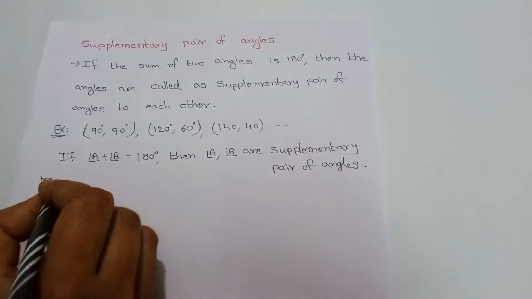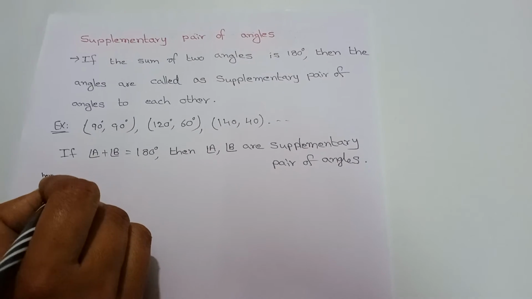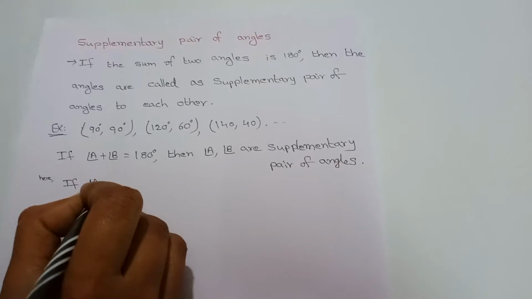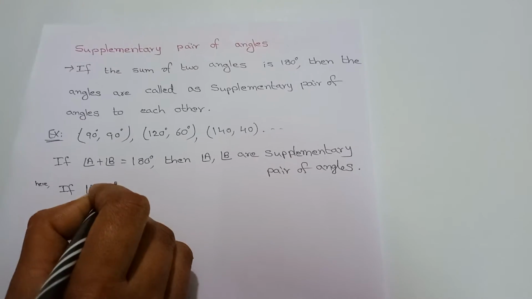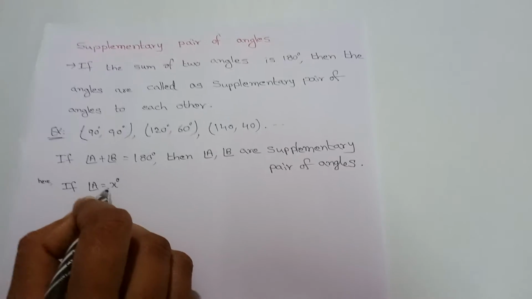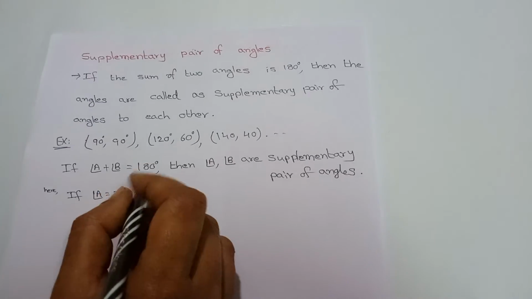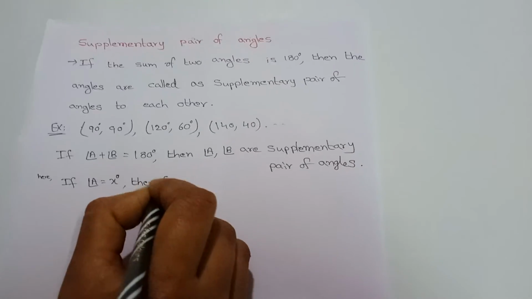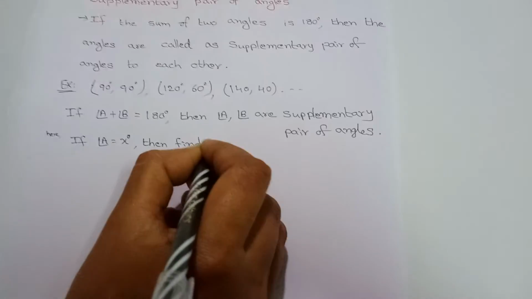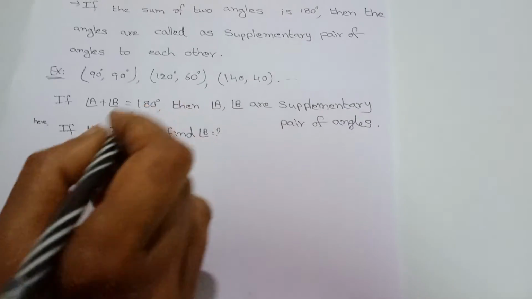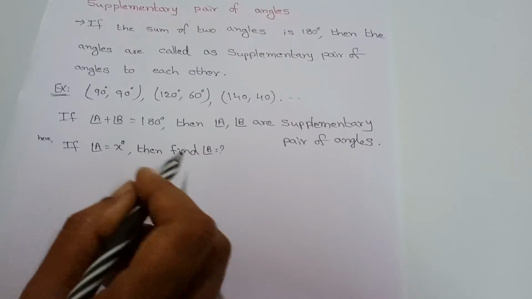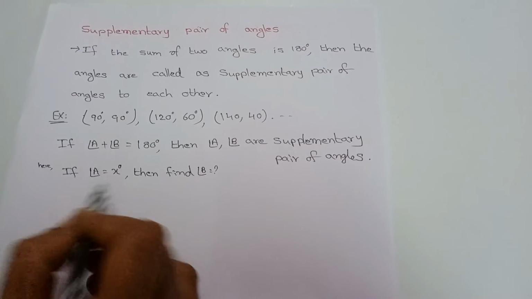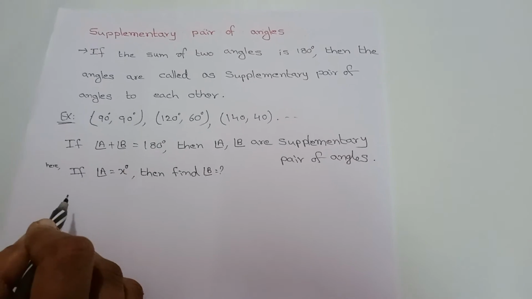Here, if angle A is equal to x degrees, we take x degrees, then find angle B value. Angle A and angle B are supplementary pair of angles.